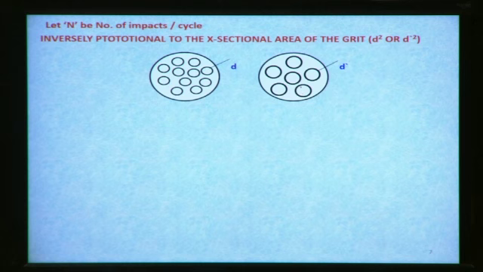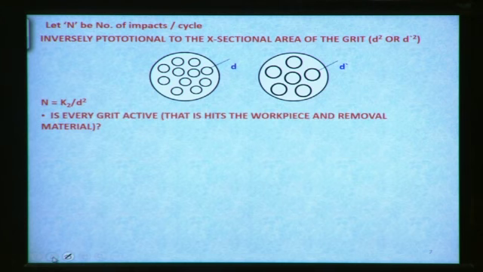So this number of impacts is obviously inversely proportional to the cross-sectional area of the abrasive grits. The cross-sectional area is pi r square, so we can consider this as d square. So the number of impacts n we can consider as K2 by d square, considering K2 as a constant.